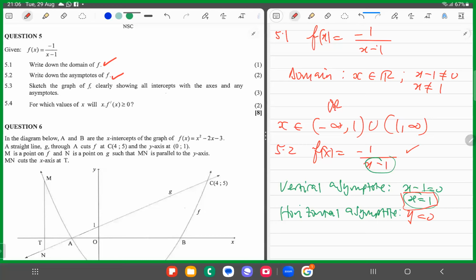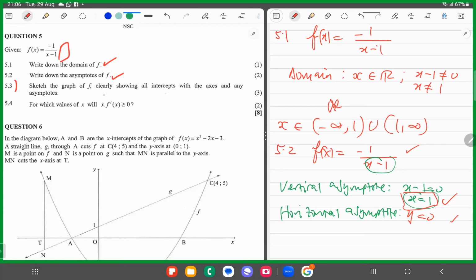Okay, so we have the vertical asymptote x equals 1 and the horizontal asymptote y equals 0, because there's no constant here, so y is 0.